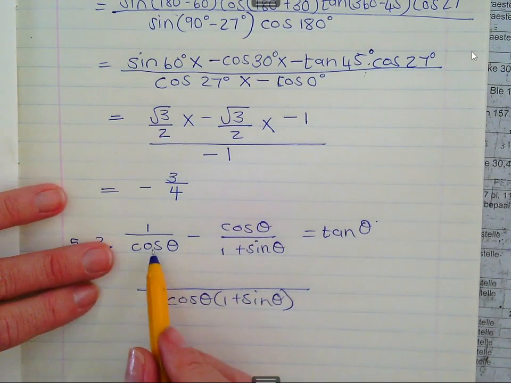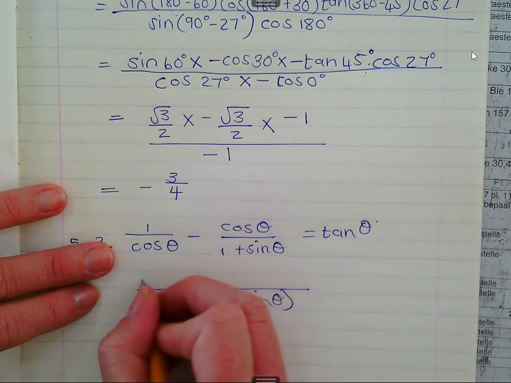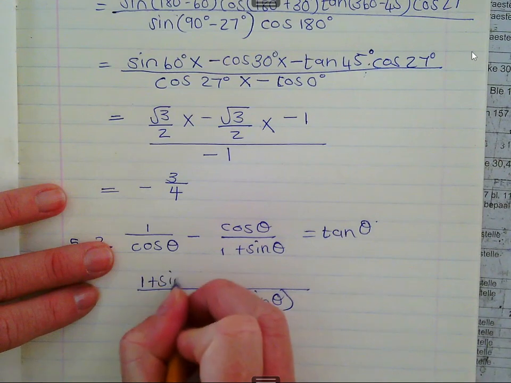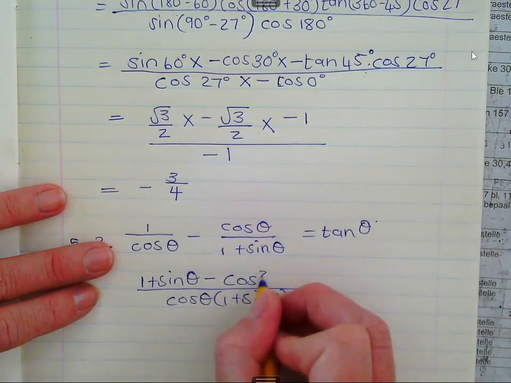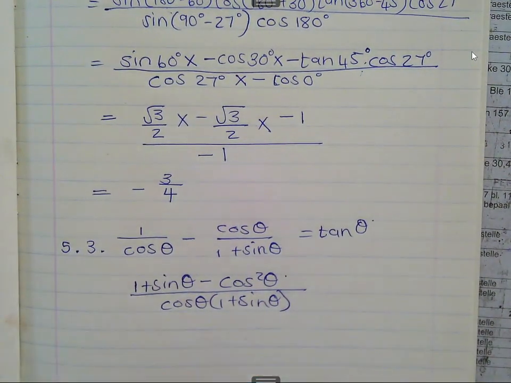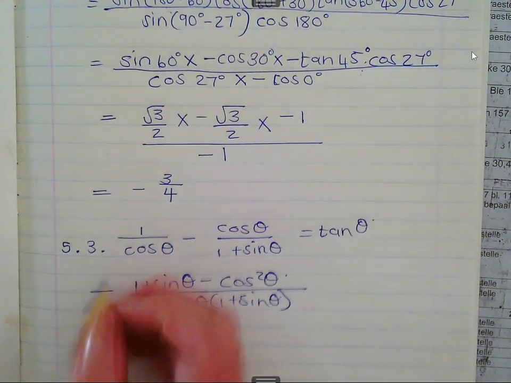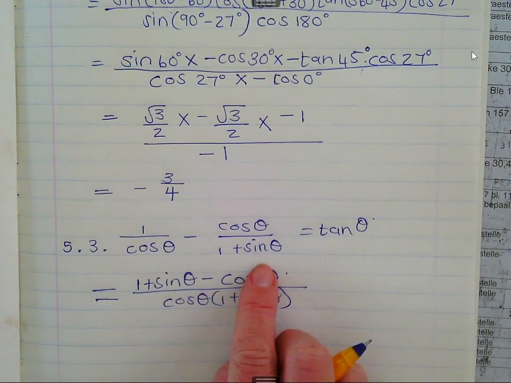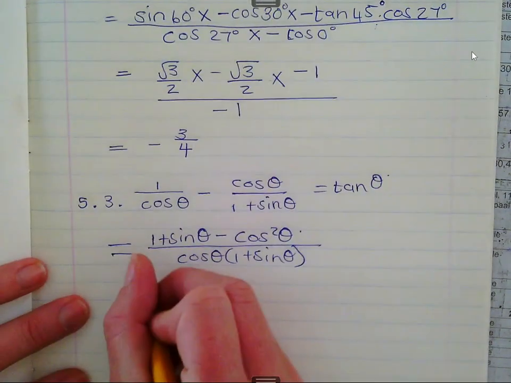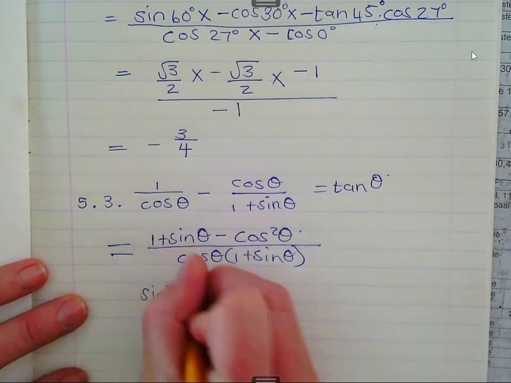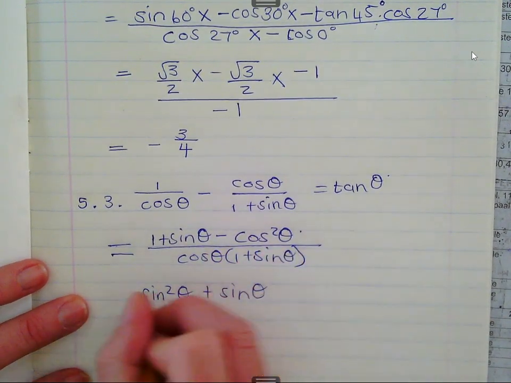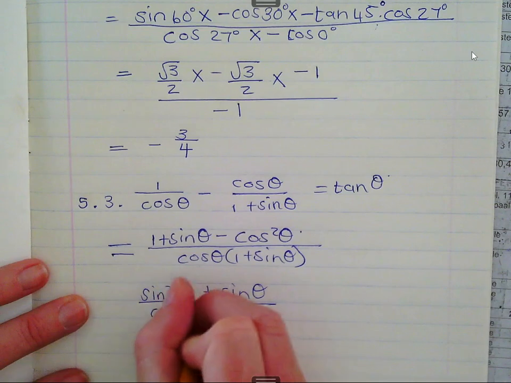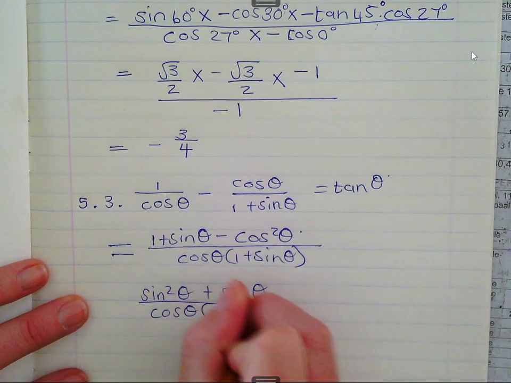I have to multiply with 1 plus sin theta. Minus, what did I do to that one? It becomes cos squared theta. Did you guys notice this time the 1 minus cos squared makes it sin squared theta, plus sin theta over cos theta, 1 plus sin theta.